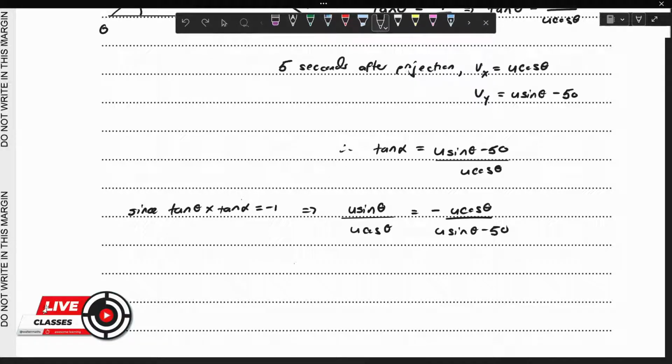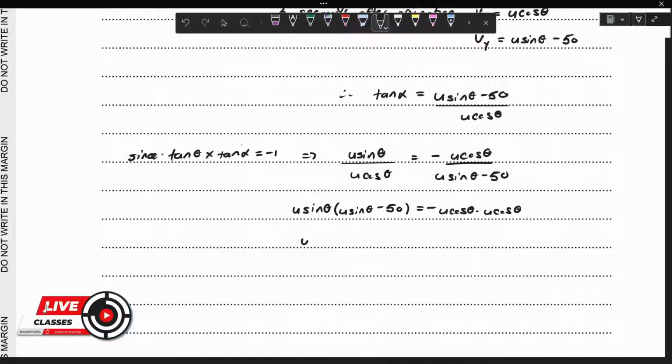So technically, cross multiplying, u sine theta of u sine theta minus 50 is equal to minus u cos theta of u cos theta. So we have u squared sine squared theta minus 50u sine theta is equal to minus u squared cos squared theta. Rearranging, it's u squared sine squared theta plus u squared cos squared theta is equal to 50u sine theta.